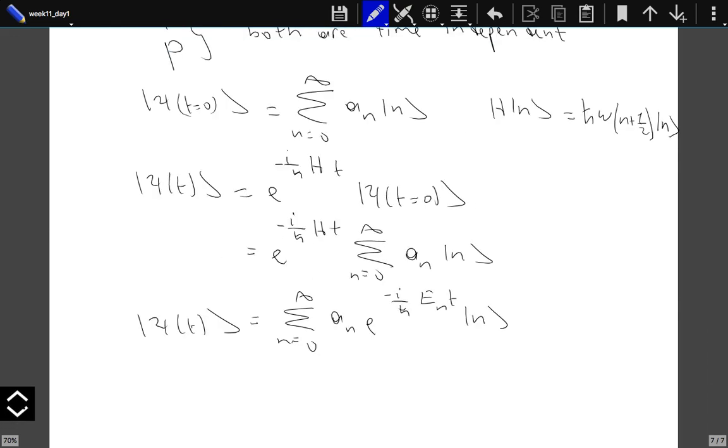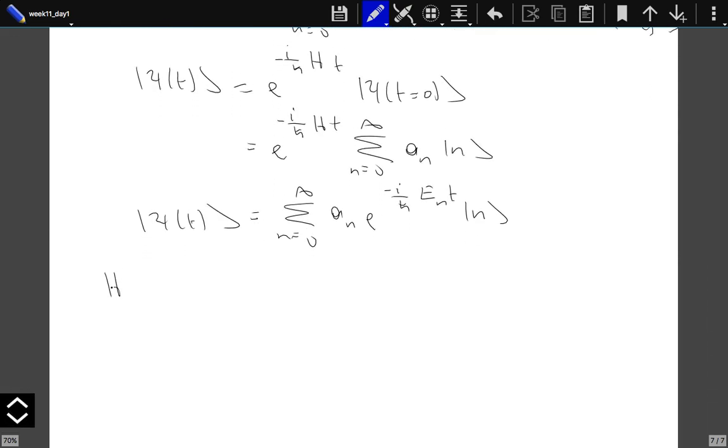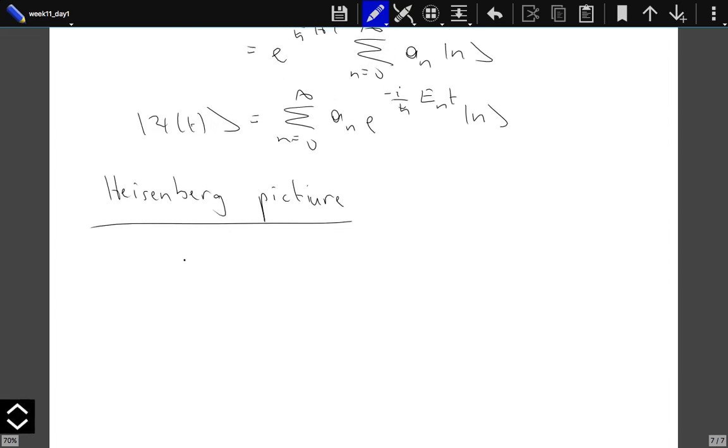Now let's look at the Heisenberg picture. Will the position operator be time dependent or time independent?